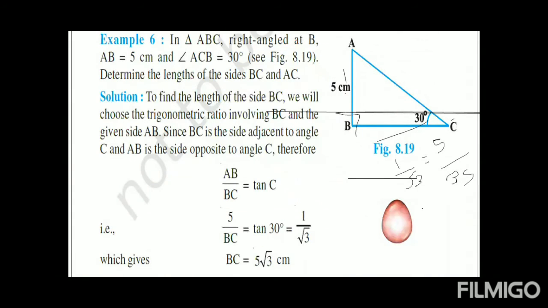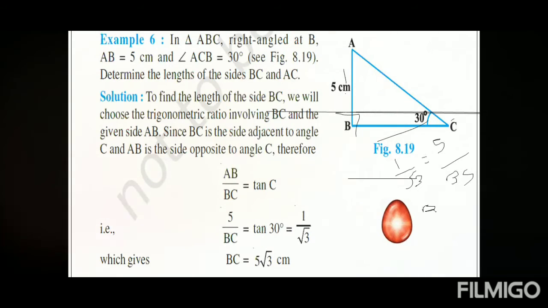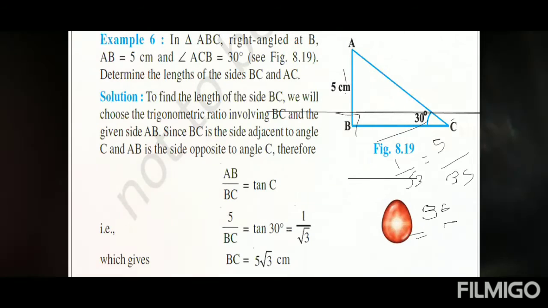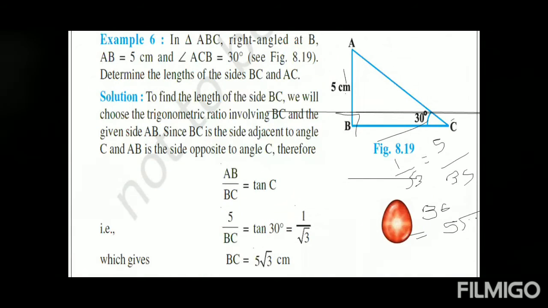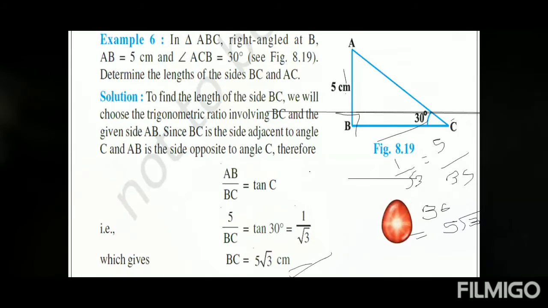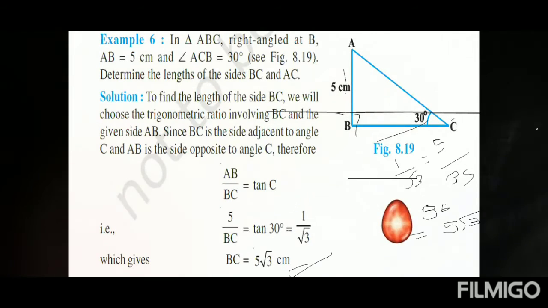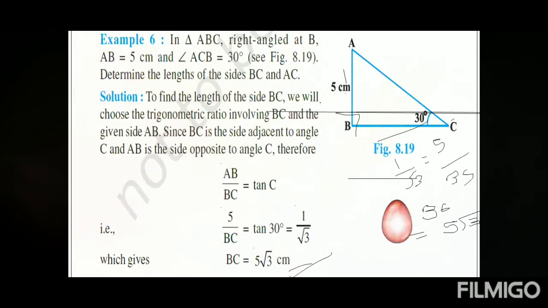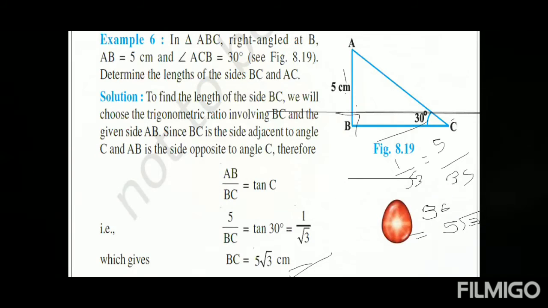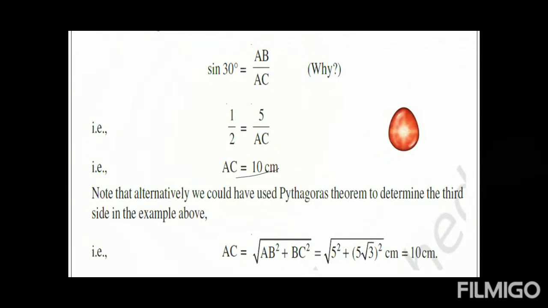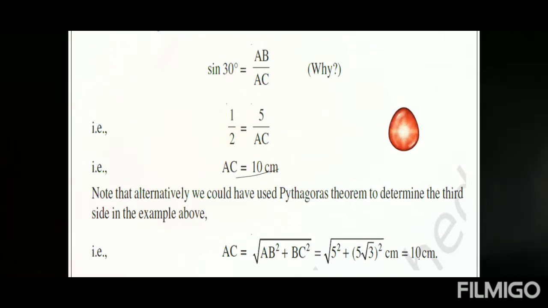So BC is 5 root 3 centimeters. And by using AB and BC, you need to use Pythagoras theorem: AB square plus BC square equals AC square. So 5 square plus 5 root 3 square equals AC square, and AC equals 10 centimeter. We got it.